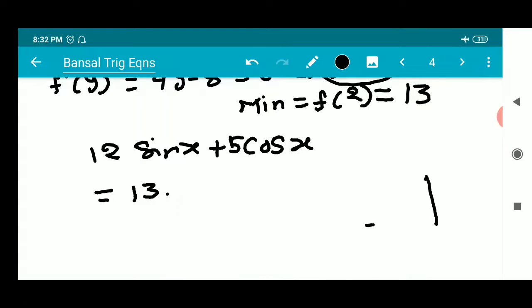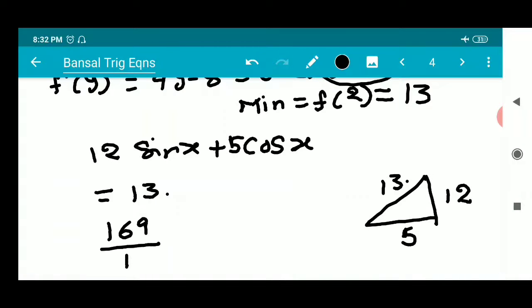So if you take tan x like this, 12, and this is 5, then 13. Then keep the sin x value as 12 by 13, and the cos x value as 5 by 13. So 144 plus 25, 169 by 13, which is equal to 13.